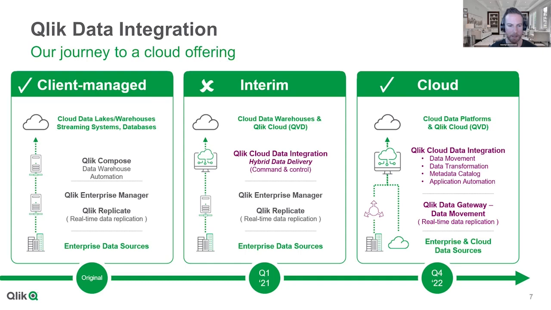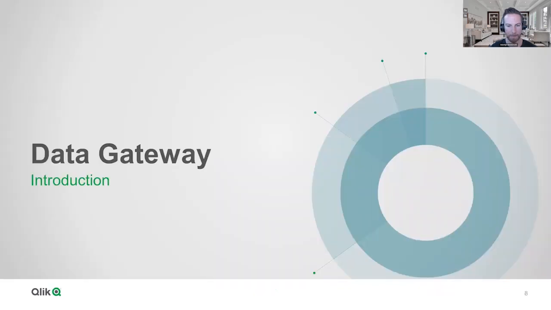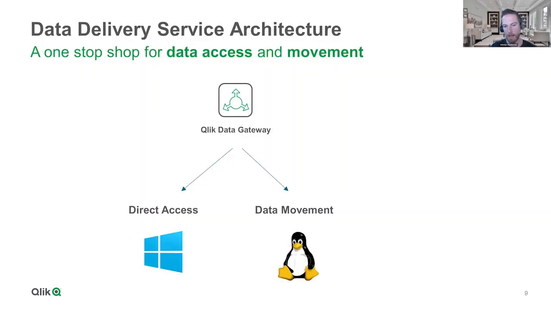So let's have a look at the Qlik Data Gateway. Actually, there are two Qlik Data Gateways. One for data access from inside the Qlik Sense app, and the other is for data movement. Those are the two flavors I talked about in the beginning.